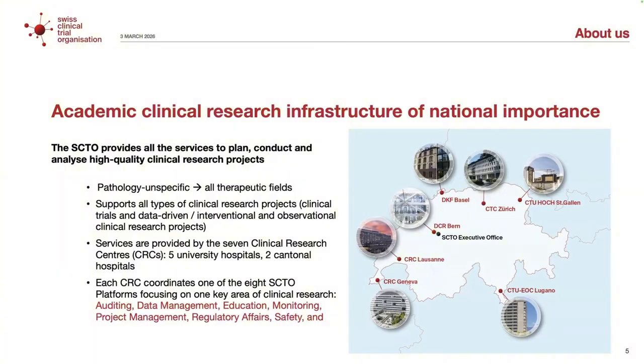Our network provides the services to plan, conduct, and analyze high-quality clinical research projects. We are spread throughout Switzerland. Members of our organization are the 5 university hospitals, namely Geneva, Lausanne, Bern, Basel, and Zurich, and 2 cantonal hospitals, St. Gallen and Lugano.